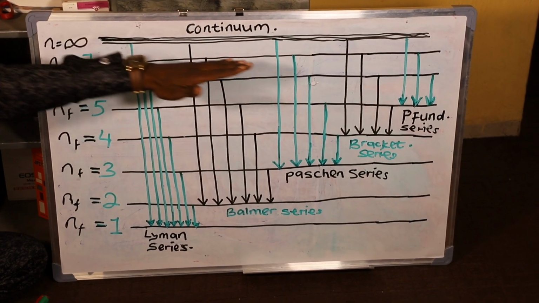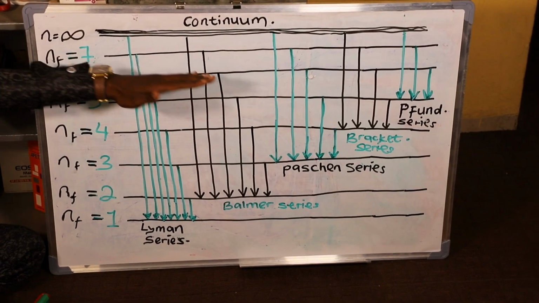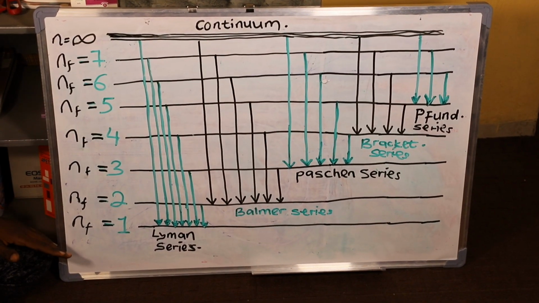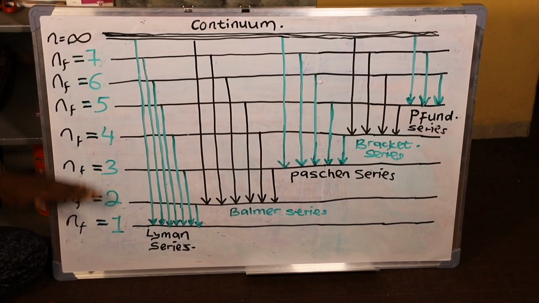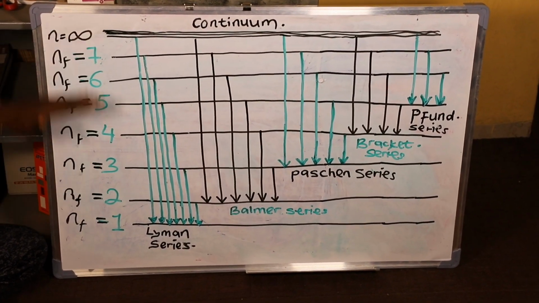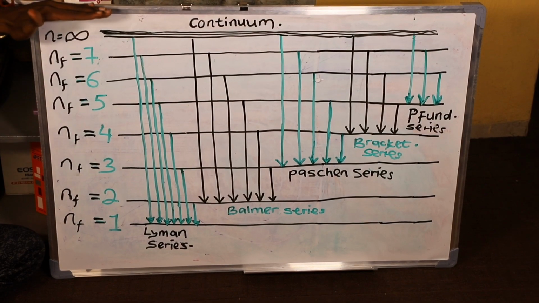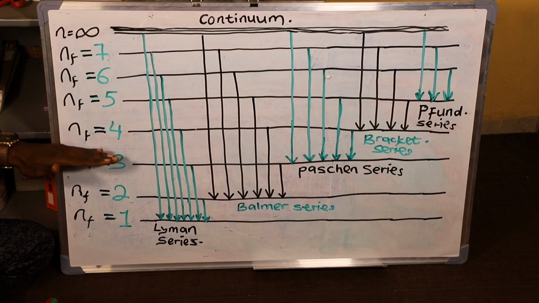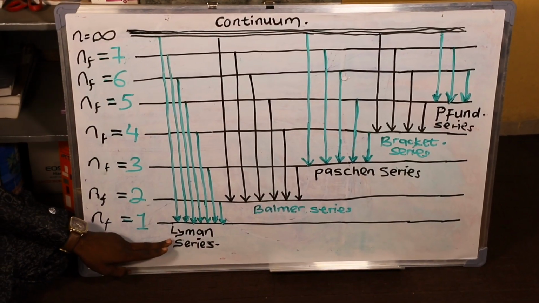Here we show the different series for hydrogen reported by different scientists, which must always be remembered in order to solve numerical problems whenever given. This is the n final. N final shows the last destination of each electron coming from any initial point, let's say infinity. This is the Lyman series.